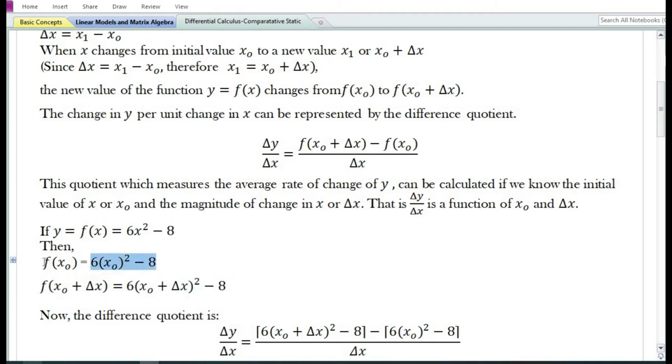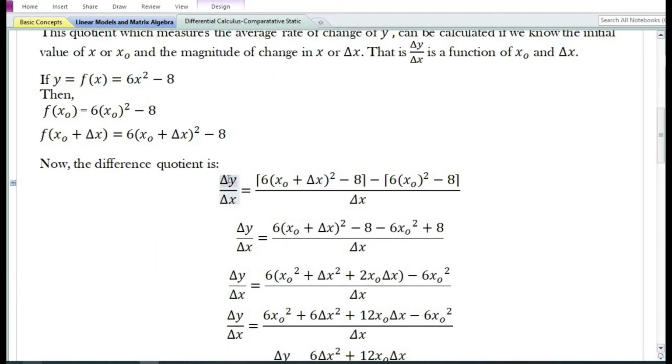Now let us substitute the initial value of the function and the new value of the function in the difference quotient formula. Now we know that delta y is equal to the new value of y minus the initial value of y. So the new value of y is 6 within bracket x subscript 0 plus delta x holding square minus 8, and the old value of y is 6x subscript 0 square minus 8.